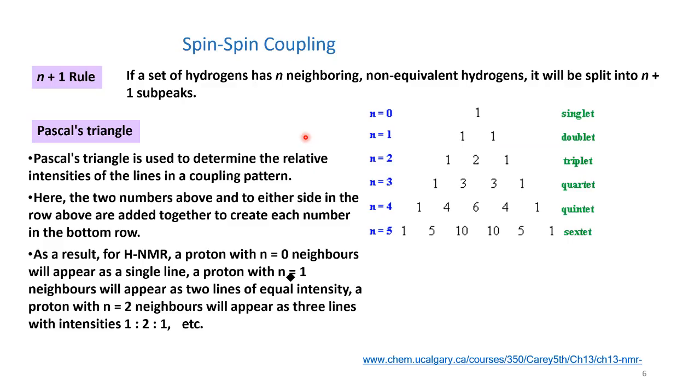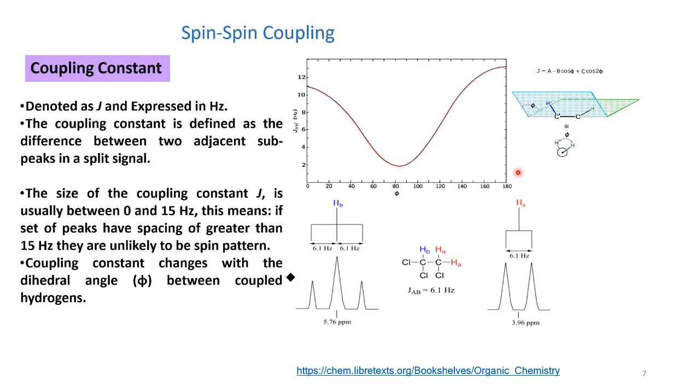Then if we put n equals to 1, that is one hydrogen atom on the neighboring side, we get two peaks with equal intensity, 1 is to 1. And if we put n equals to 2, we get a triplet with intensity 1 is to 2 is to 1. That is how we can get the details about the spectrum.